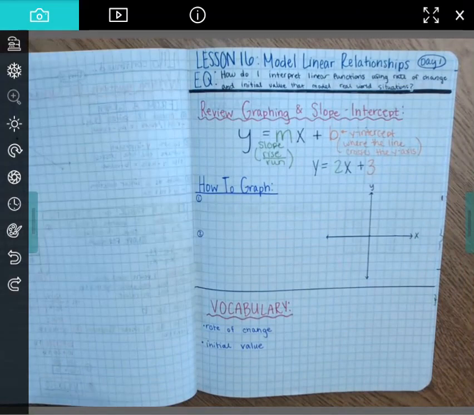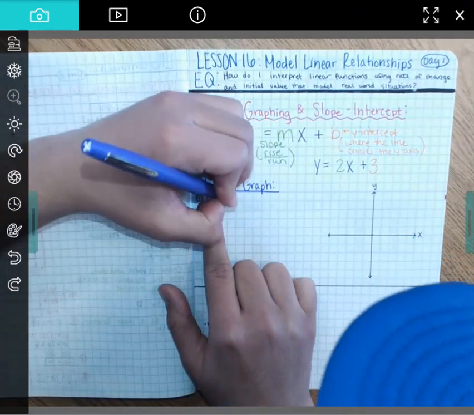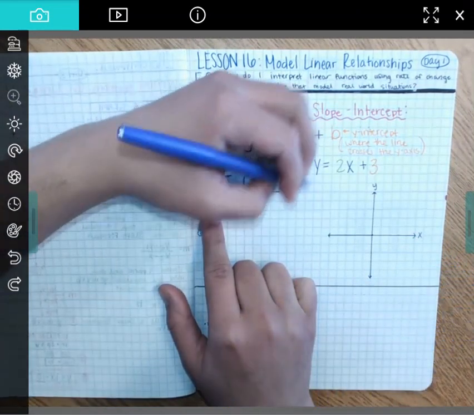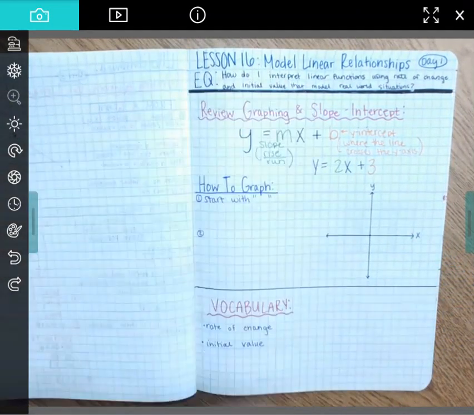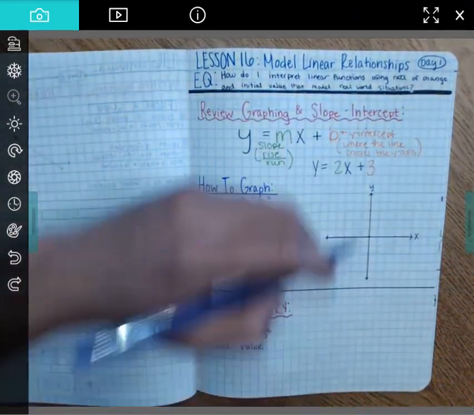So our steps for how to graph: we're going to start with our b value, the y-intercept.